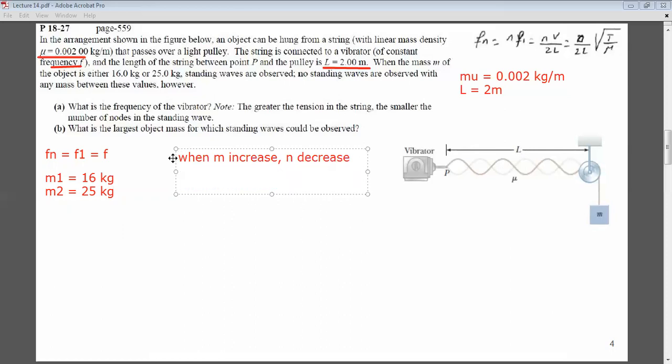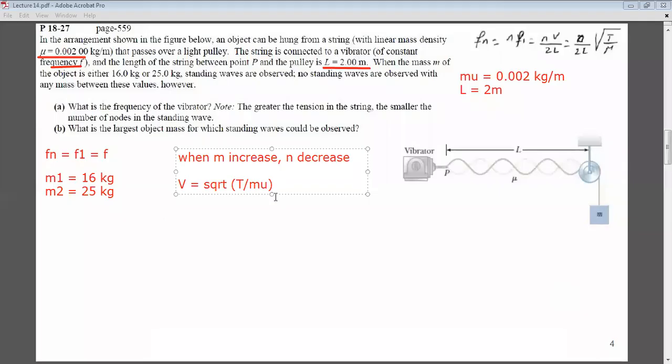Why? Because I have V equal to square root of T over mu. Is equal to, I put this formula over here, n over 2L square root of T over mu.